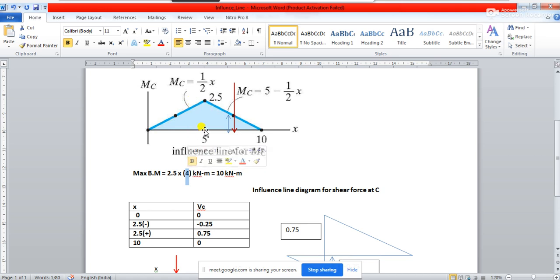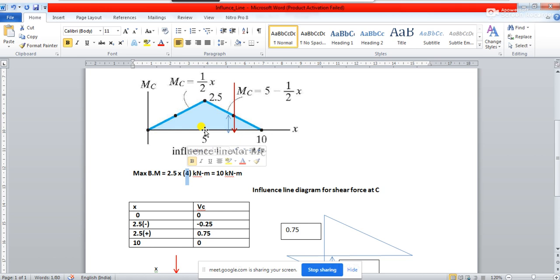For a particular point C, if you want to find out the bending moment created because of a particular position of a load on the beam, you just construct the influence line diagram, find the ordinate of the influence line diagram for that position of the load, and multiply that ordinate value with the value of the concentrated load.